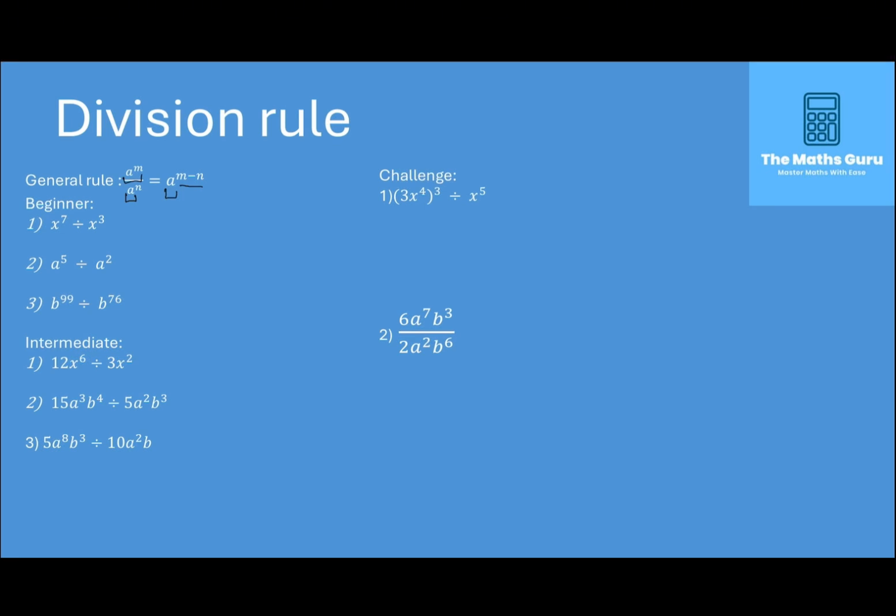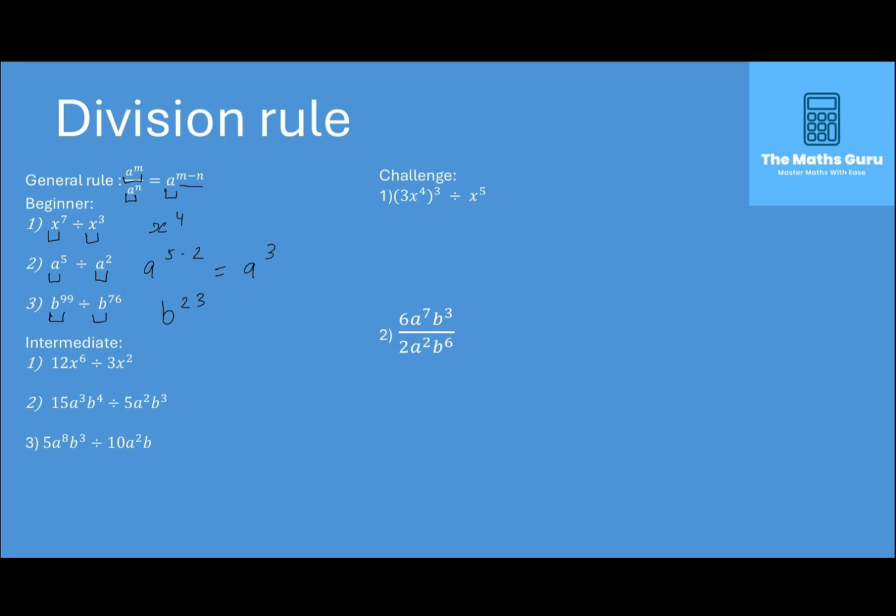So in this case, we can see x and x, same base, 7 minus 4, x to the 4. Same base, 5 minus 2, so a to the 5 divided by a to the 2 is equal to a to the 3. This one, b to the 9 and b to the 6, we divide them, we get b to the 3. Yep.